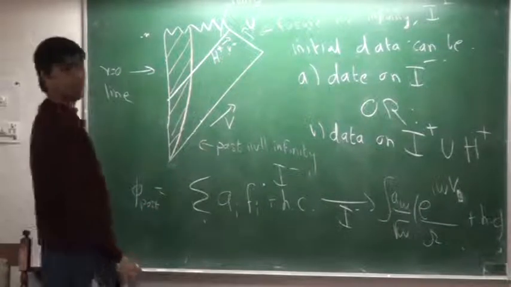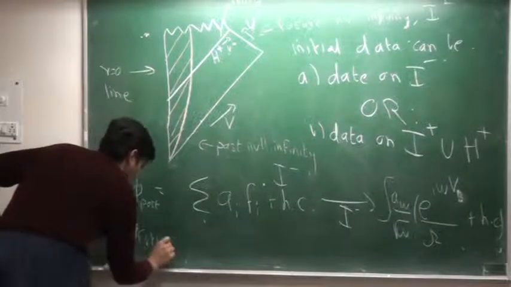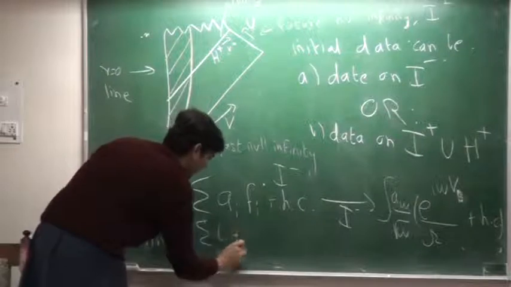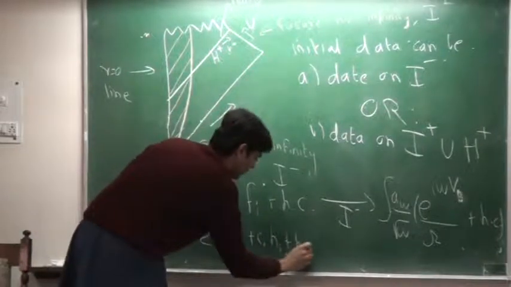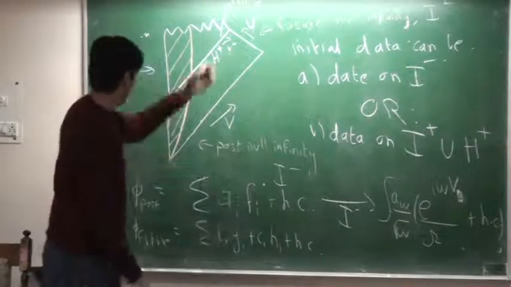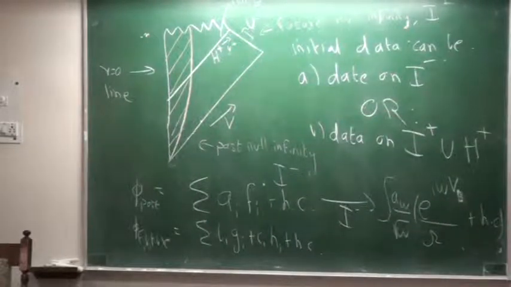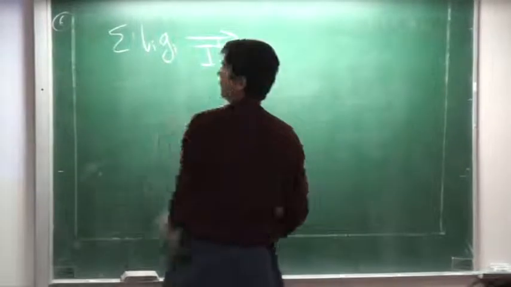Then there's another expansion you can write down, phi future, which looks like a sum of b_i g_i plus some c_i h_i plus the conjugate, where these b_i g_i, in these modes, the ones which I'm calling d_i, have the property that it goes like e to the i... oh, sorry, maybe I should put a minus.